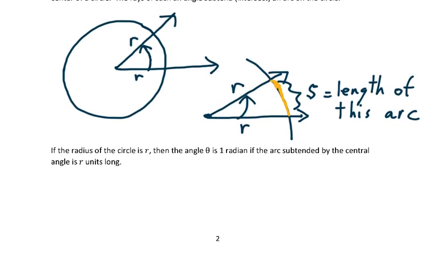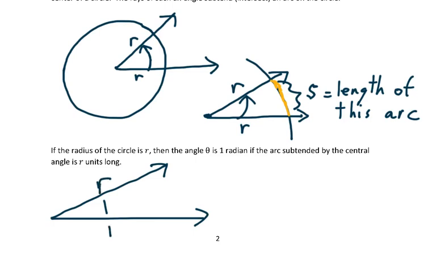Then we say the angle is 1 radian if S and R are the same. So, by definition, that's just what 1 radian is. Let me see if I could draw that one more time. Okay, so this is R. This is R. Again, R is the radius of the circle, as I say right here. This is 1 radian.